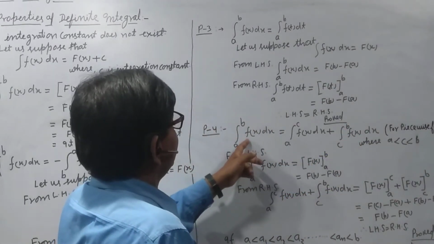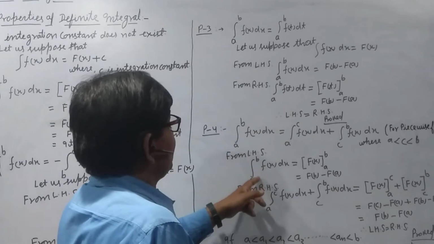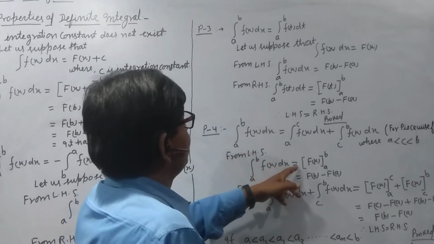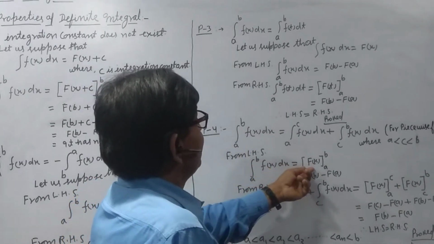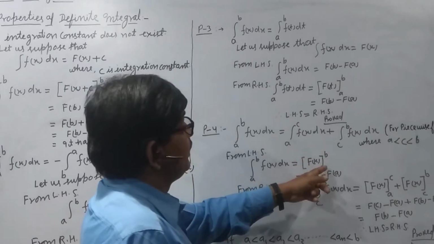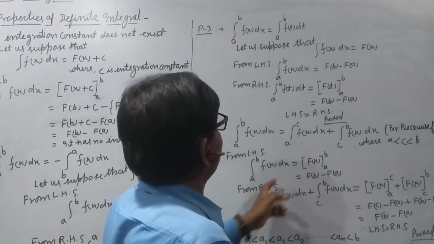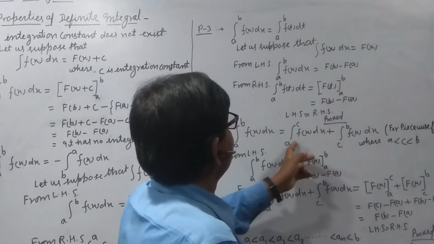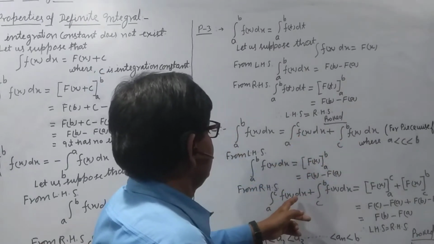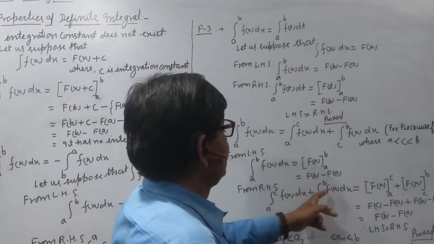From the left hand side, the integral from a to b of f(x) dx equals F(x), upper limit b, lower limit a, F(b) minus F(a). Now take the right hand side, the integral from a to c of f(x) dx plus the integral from c to b of f(x) dx.